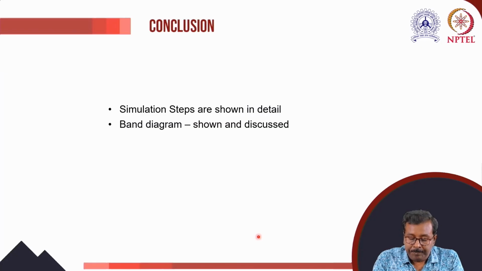So as an initial setup for beginners, we have discussed how to start with SCAPS and how to simulate a program on a PN junction under light or under dark.